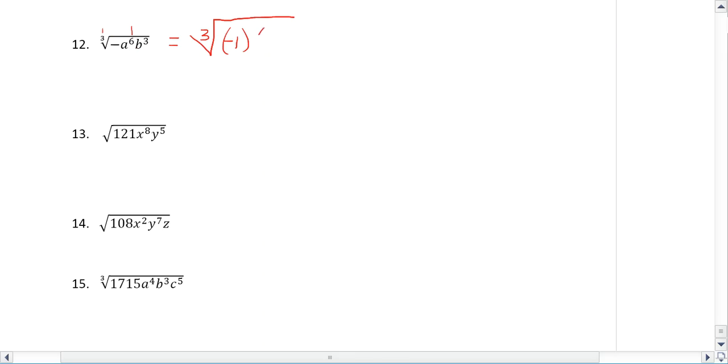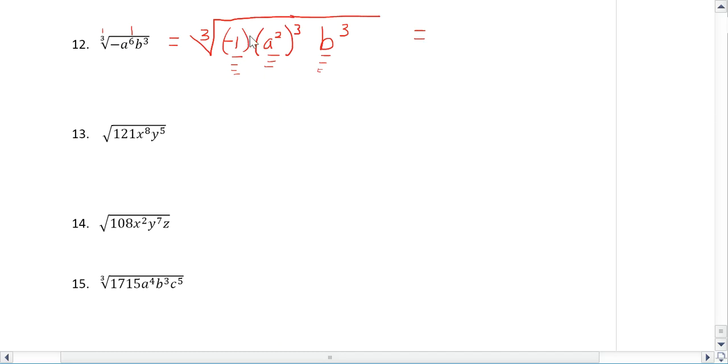And I'm going to try to be very obvious with you and rewrite the 6 as 2 times 3, just so that you can see the perfect cube, and quite obviously b cubed is a perfect cube. So this is a perfect cube, this is a perfect cube, and this is a perfect cube. We're going to have nothing left under the radical sign when we're done.